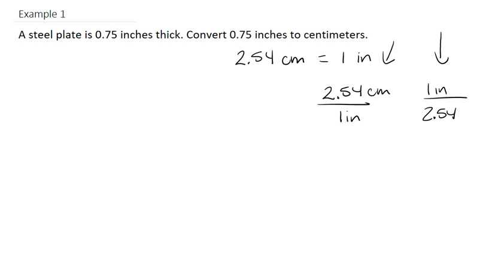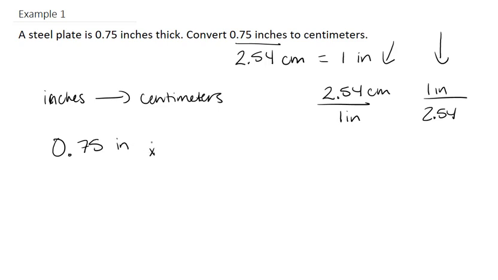And so the reason we will know which one we use is because we're starting with inches and we need to get to centimeters. So if we start out with 0.75 inches, we want to be able to get rid of inches and then have just centimeters. So in order to do that, we're going to use this one.